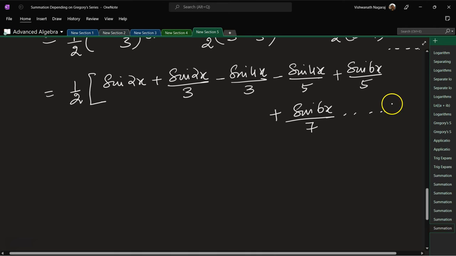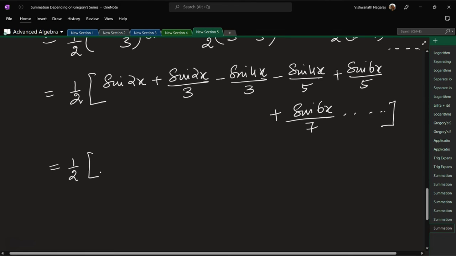Now this is not a recognizable series, so we need to split it, because the terms with 3 and 3, 5 and 5 are all coming twice. So let's split it into two series. If we split it into two series, what do we get?